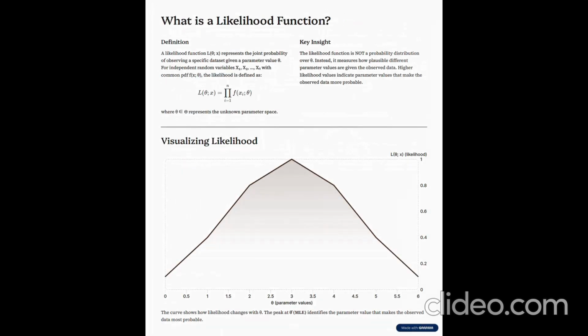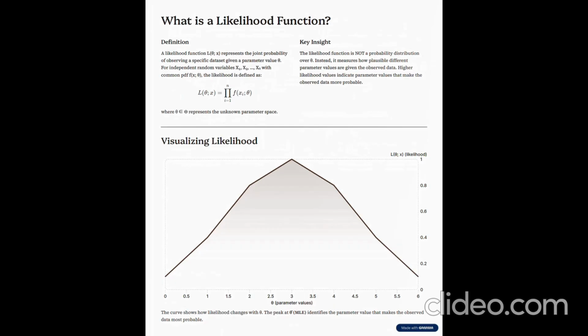Think of the likelihood function as a way to measure how well different models fit. Once we have collected our data, we ask ourselves, for a given parameter value, how likely would it be to see this specific data?